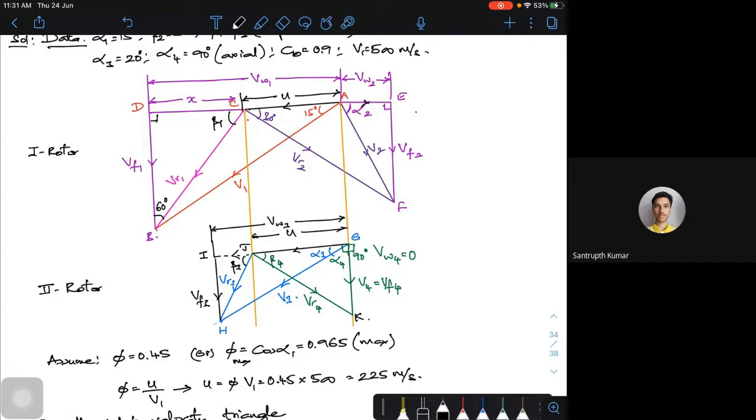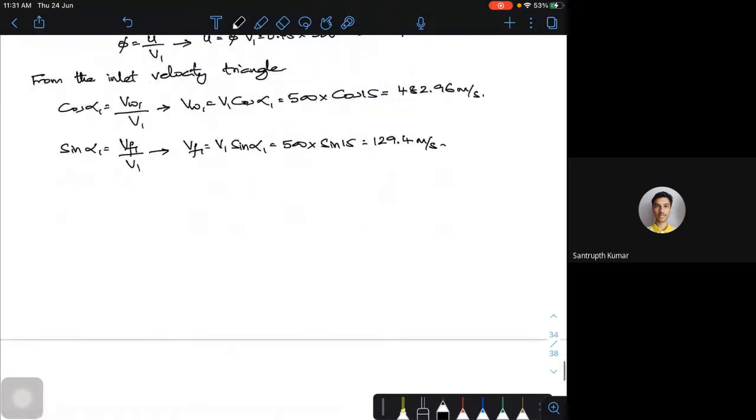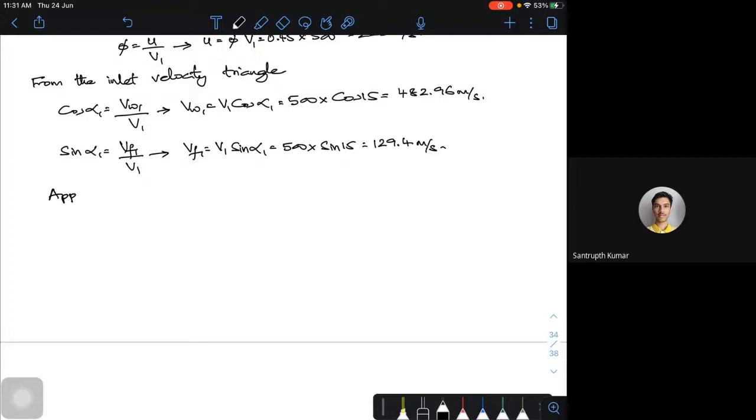By using V1, U and alpha, I can find VR1 using the cosine rule formula: VR1 square is equal to V1 square plus U square minus 2 V1 U cos alpha 1.